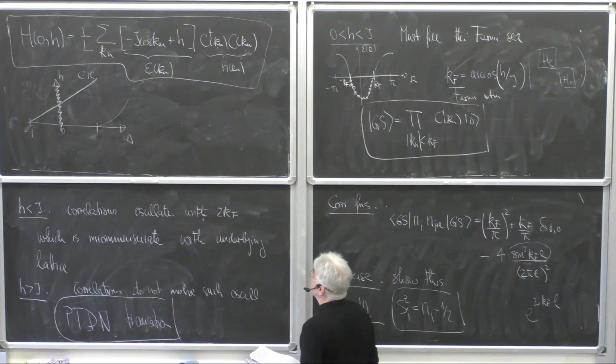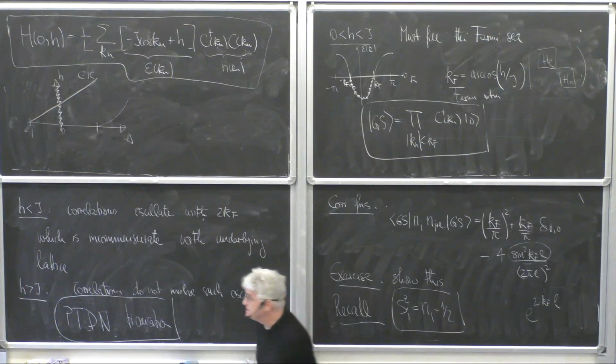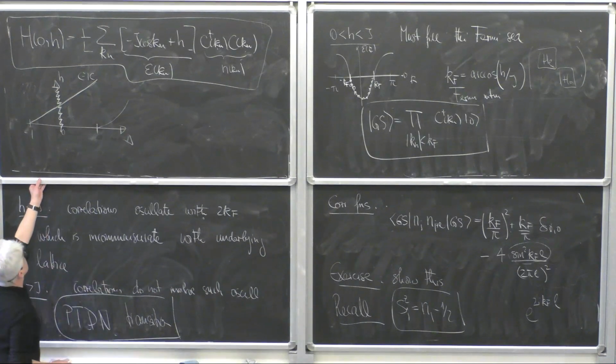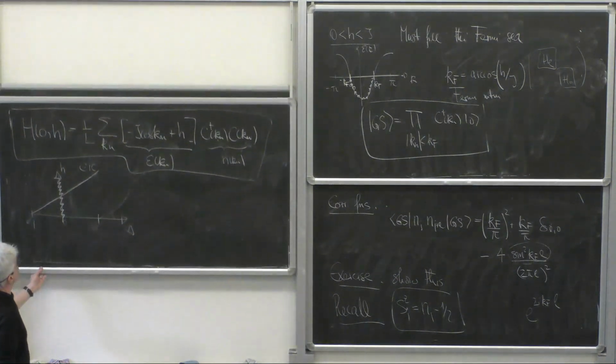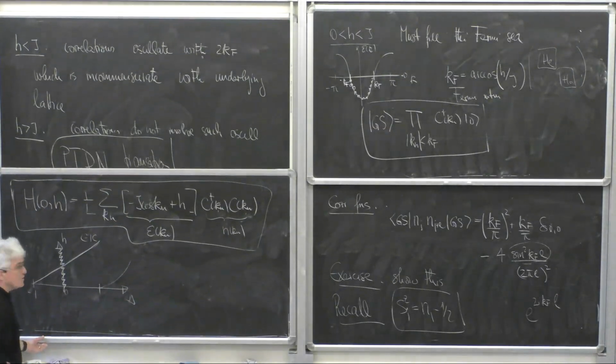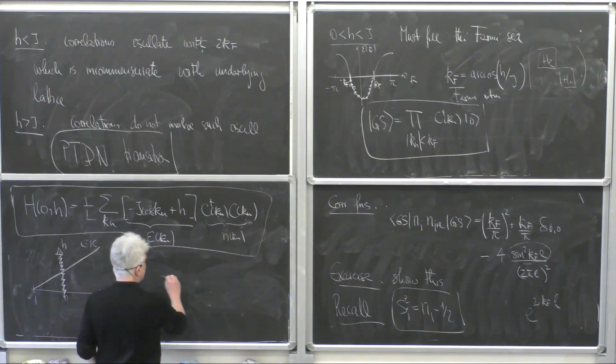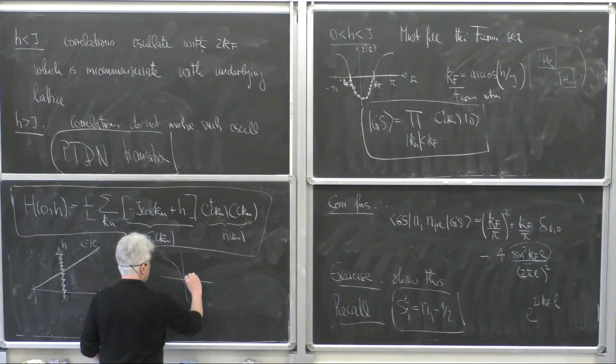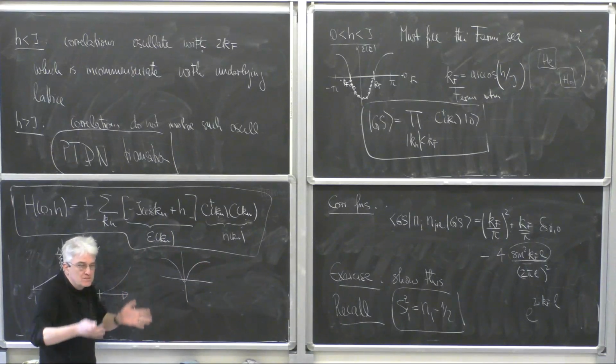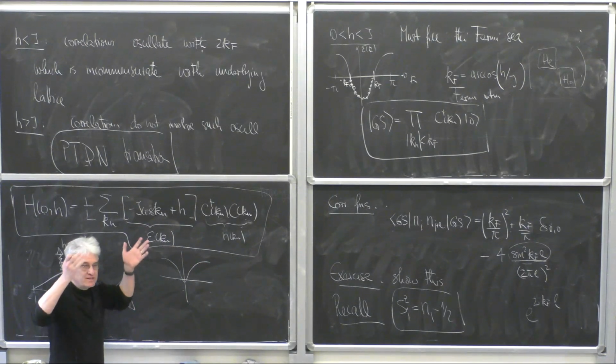Okay, and now let me just say the following thing. So along this line, the transition is very simple. It corresponds to having a Fermi sea that you empty out by increasing the magnetic field.